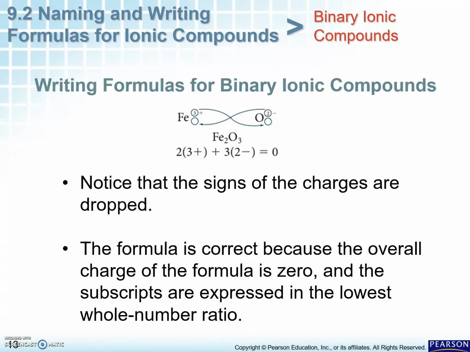So remember, whenever you are writing your compounds, the signs of the charges are dropped whenever you cross them. You are only grabbing the number, not the charge. So the charge of the formula is going to be 0. Notice here, there's no charge indicated. That's because we've added enough positives and enough negatives to cancel those out.